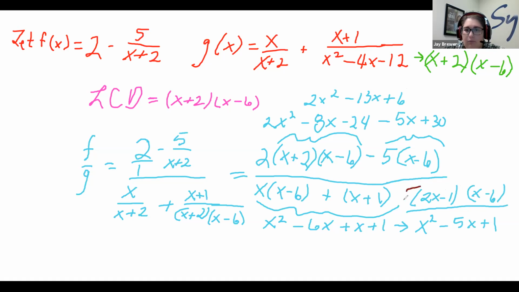Now, I would highly suggest that you factor when you can. Now, I noticed on some of your homeworks or quizzes, you guys would factor and then Pearson would mark it wrong.